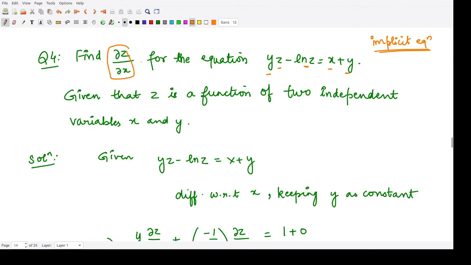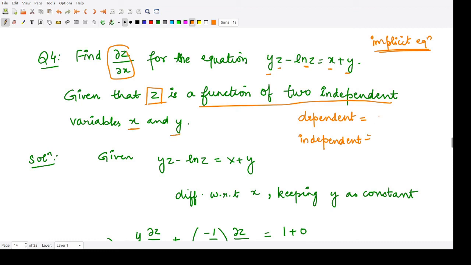So it is given that z is a function of two independent variables. In such questions you firstly have to identify what is the dependent variable and what is the independent variable, because you do not as such know what these are. Either it is given, for example in this question it is given that z is the function of two independent variables x and y.